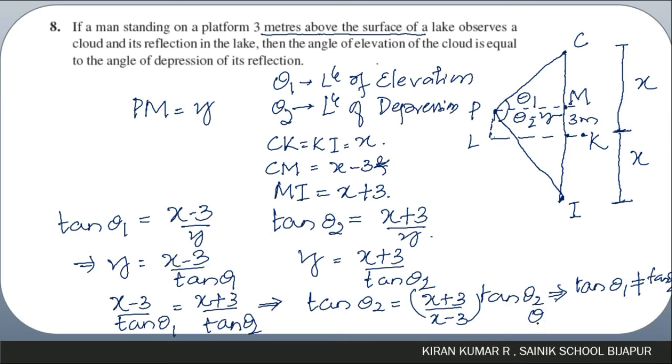Here we are getting theta 1 not equal to theta 2. So this particular statement, the angle of elevation and angle of depression will be same, is a false statement. They will not be equal. To understand this, I should do this construction and then explain in this way.